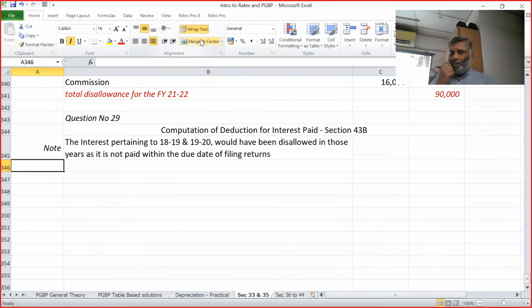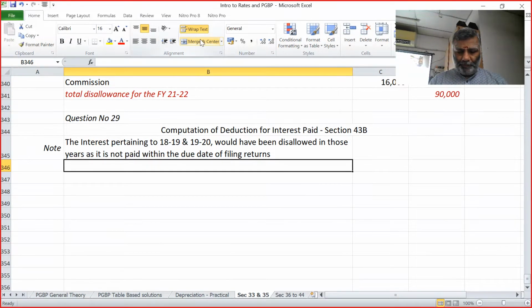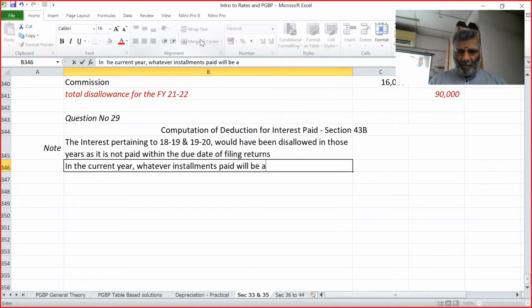Okay, it has not been paid. So in 1819 and 1920, this would have been disallowed. In the current year, whatever installments are paid will be allowed as deduction.